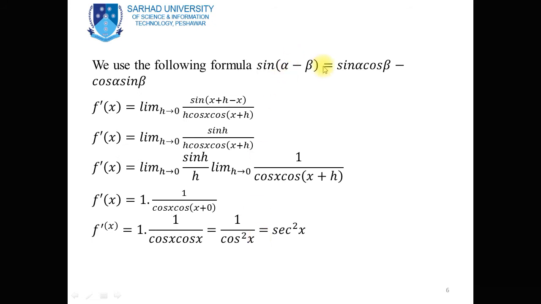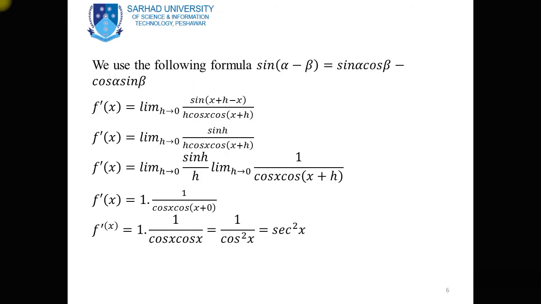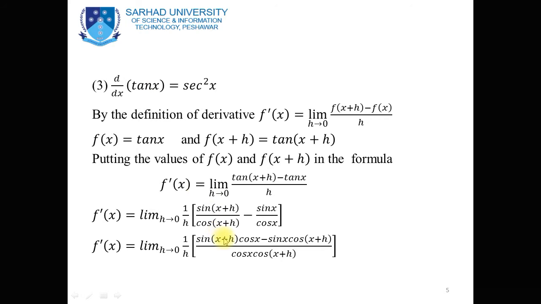So sine alpha minus beta is equal to sine alpha cos beta minus cos alpha sine beta. You see over here, this is the right hand side of the formula, sine alpha cos beta minus cos alpha sine beta. So x plus h represents alpha and x represents beta.